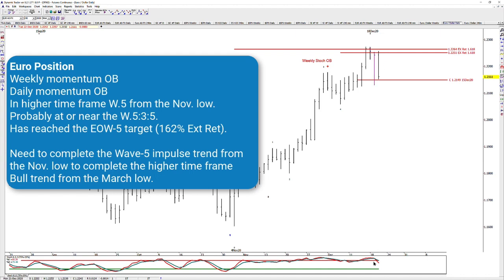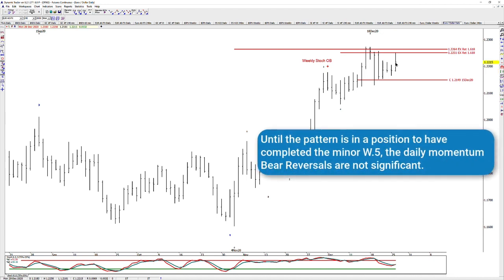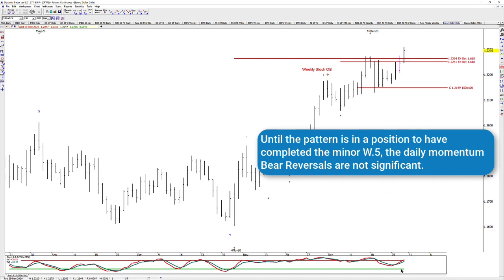We did have a daily momentum bear reversal, but again, this whole section is probably not complete. So it just doesn't look like a nice 5-wave pattern. I'm going to add some more data on, and then here the daily momentum made another bull reversal and into a new high.